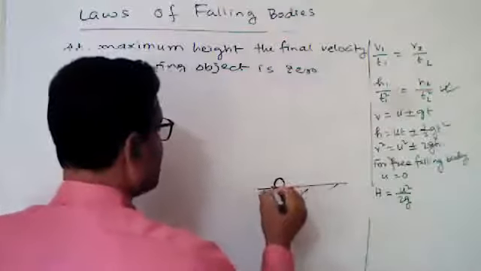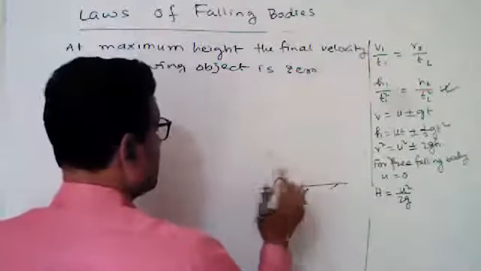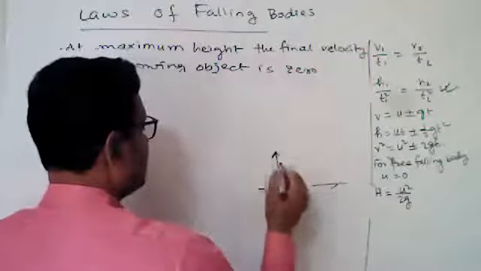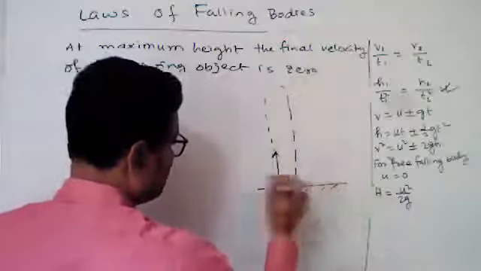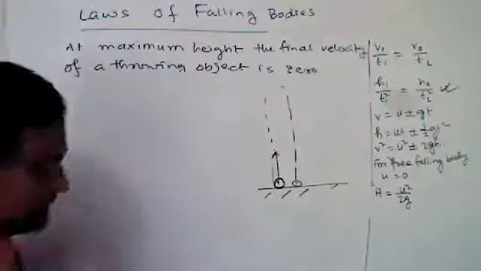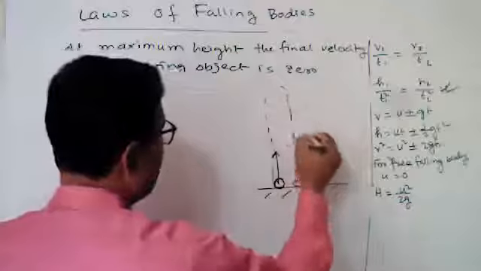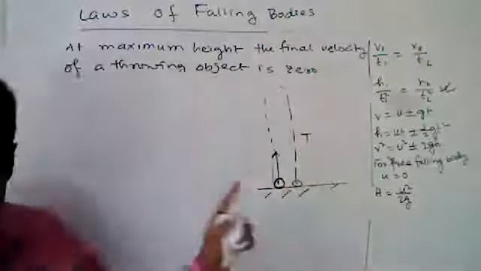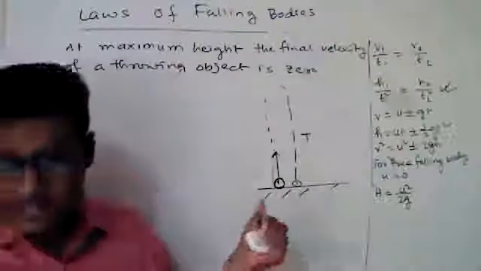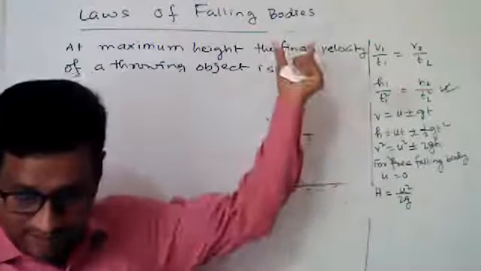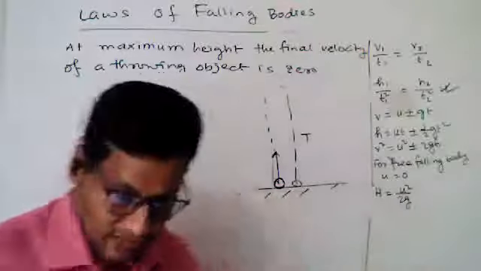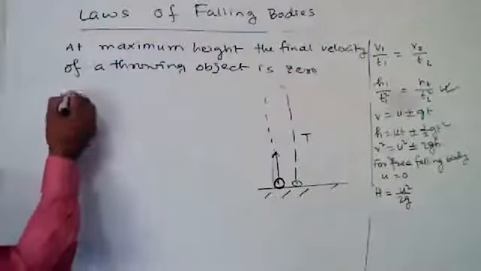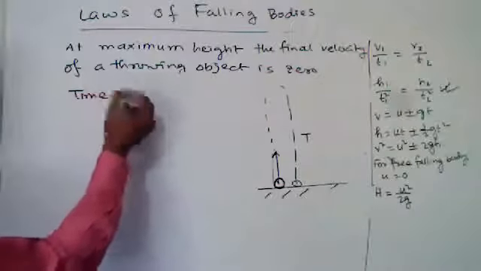If you throw an object in this direction, it goes upward, and after that it falls and comes to the initial position. This time is called the time period, capital T. This is the required time to reach the maximum height and return to the initial position.